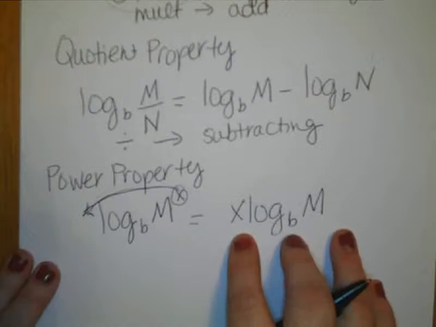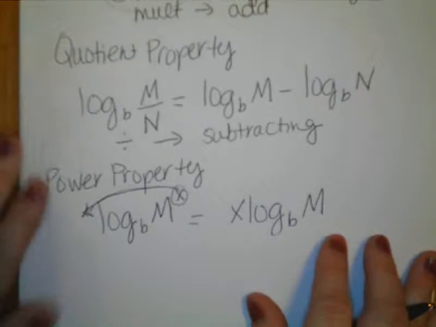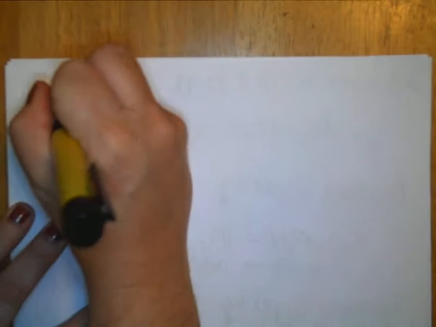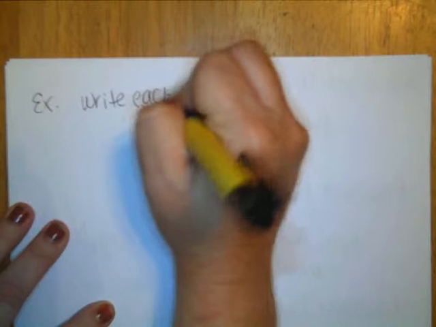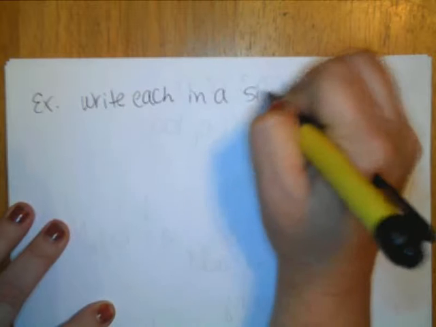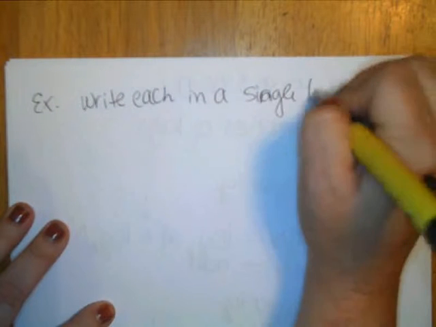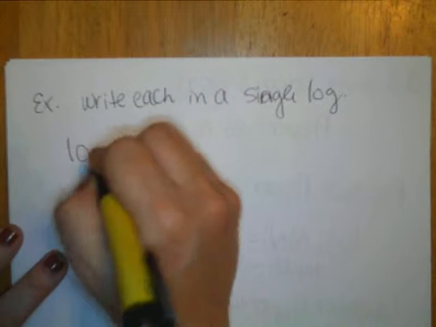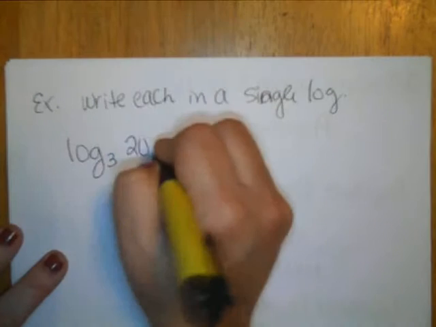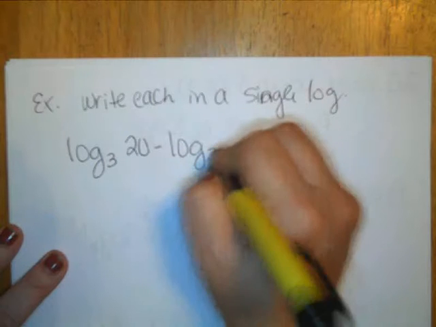Okay, let's do some examples. Example 1. Write each in a single log. That means they're going to be written as two logs. So log base 3 of 20 minus log base 3 of 4. First of all, I have to make sure they have the same base, and they do.